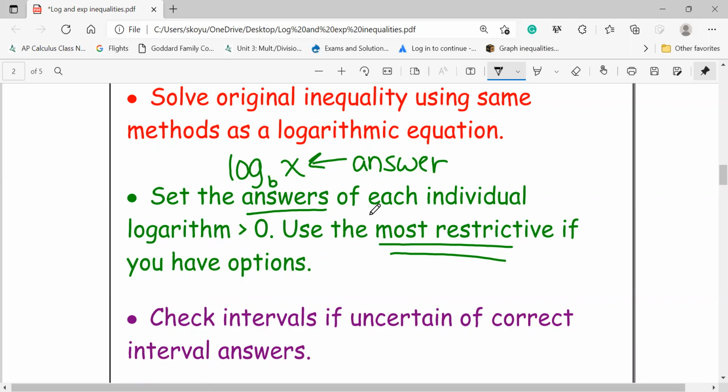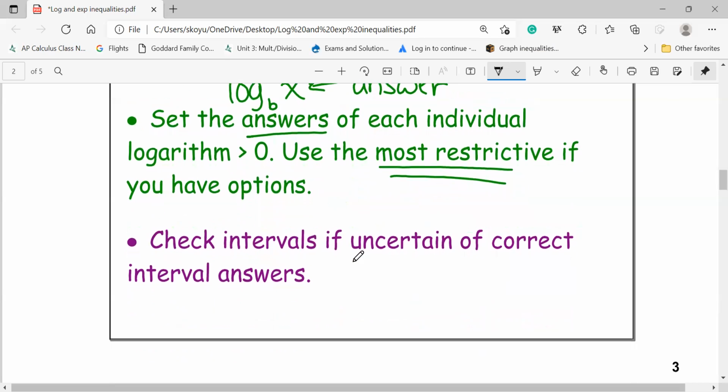Then set the input of each individual log bigger than 0, because the input of a log always has to be positive, and this is the most restrictive form that we need to put this in. Then you check the intervals if uncertain of the correct intervals. So at the end we always check it. This last step is always checking it.